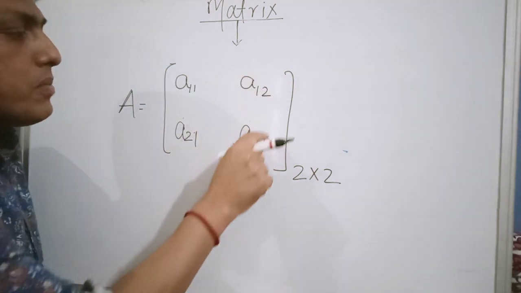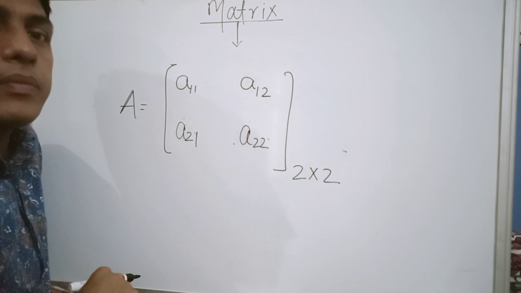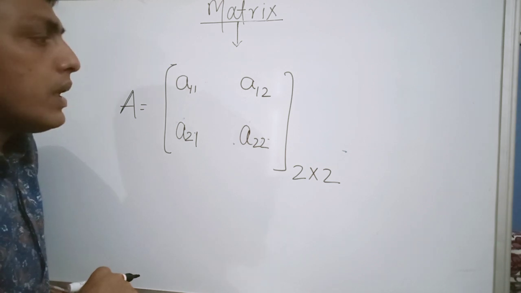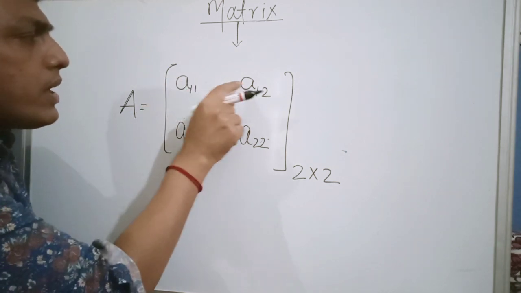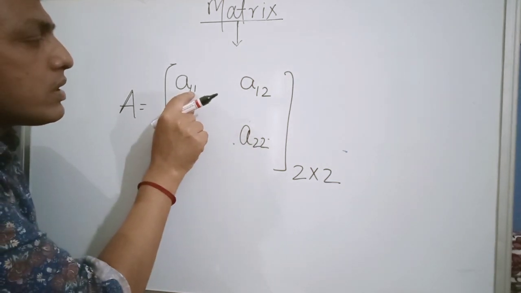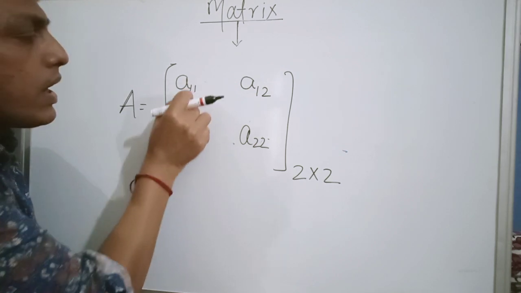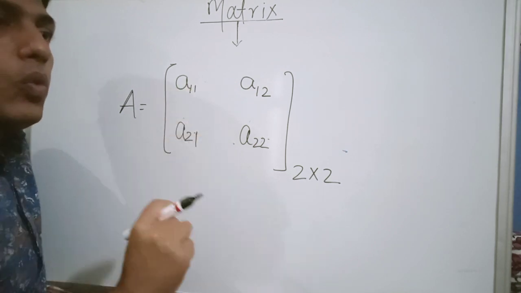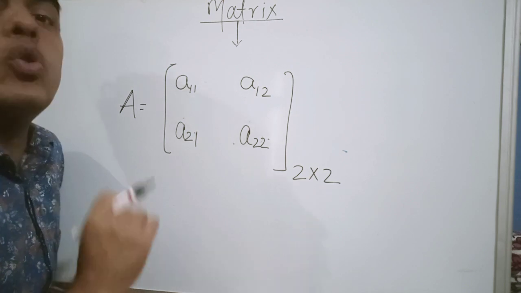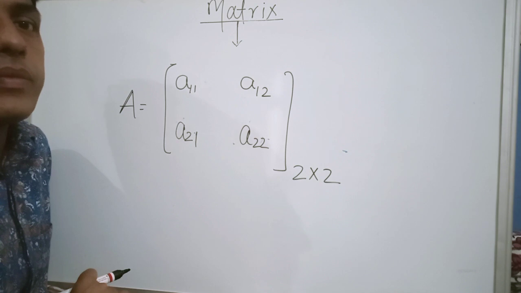And these are the symbols of the matrix's elements. Alright? So every element has 2 digits as a suffix, which represents the location of that element directly.